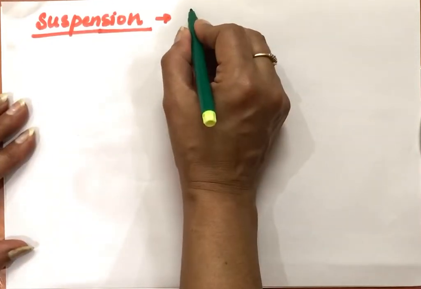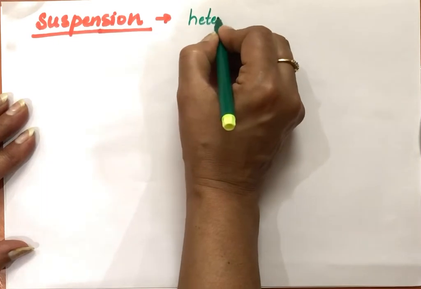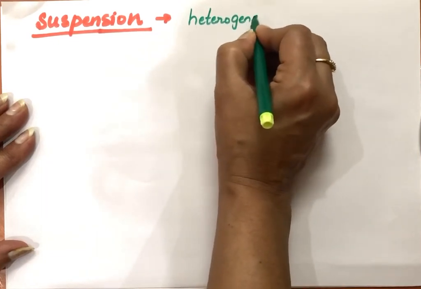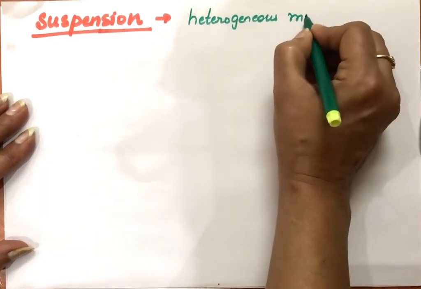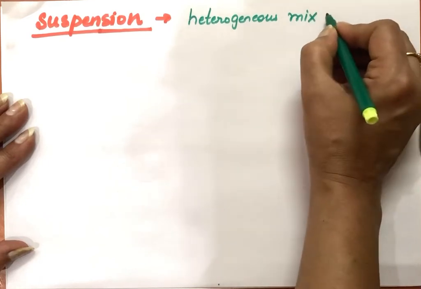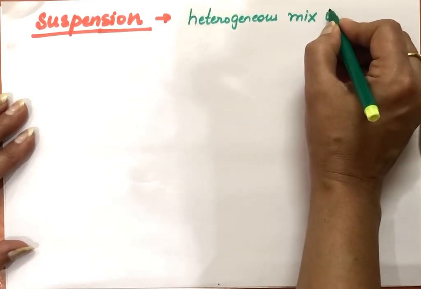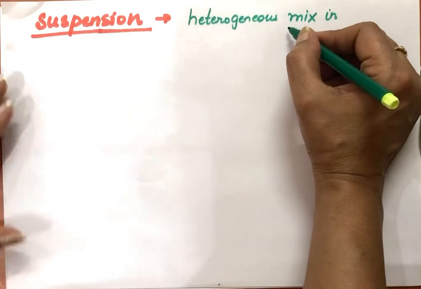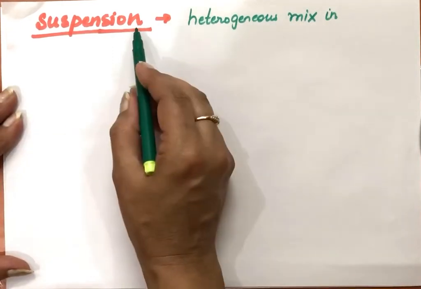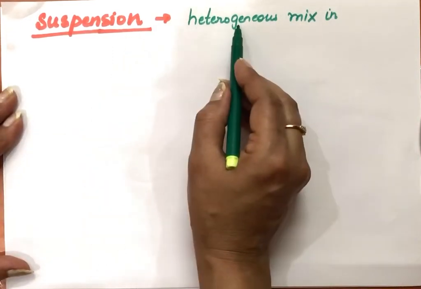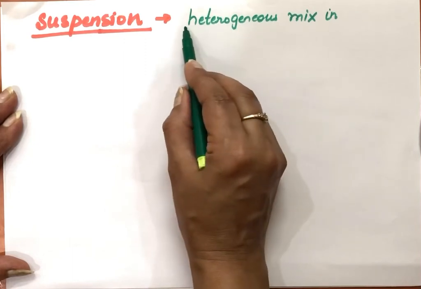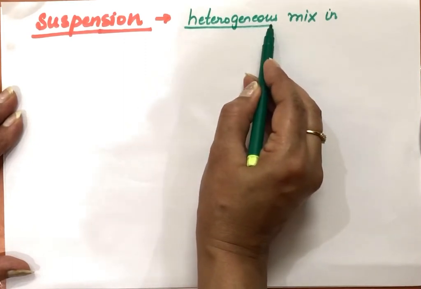Suspension is a heterogeneous mixture, while true solution was homogeneous, where the components mix up uniformly. While in suspension, the components, solute and solvent, don't mix up uniformly. That is why this is called a heterogeneous mixture.